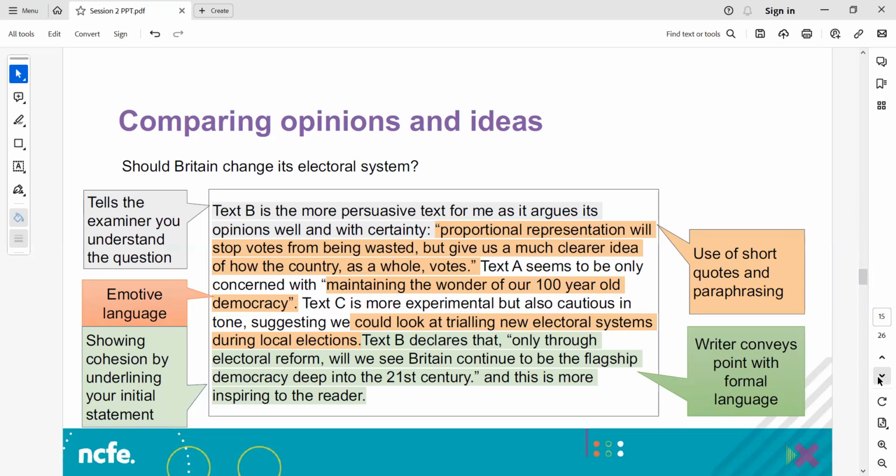So we've got a quote there. In the next sentence, text C is more experimental but also cautious in tone, suggesting we could look at trialling new electoral systems during local elections. So that's using paraphrasing. So we've got a mixture of quotes and paraphrasing.